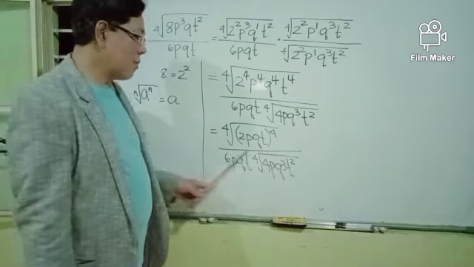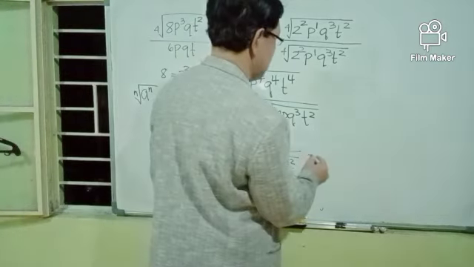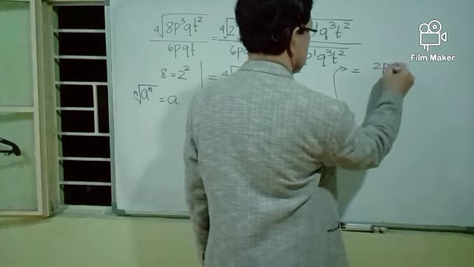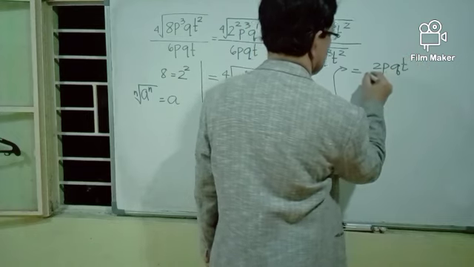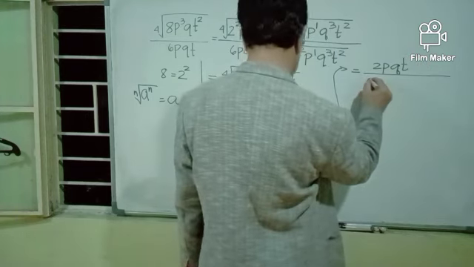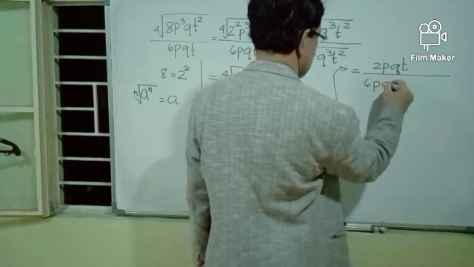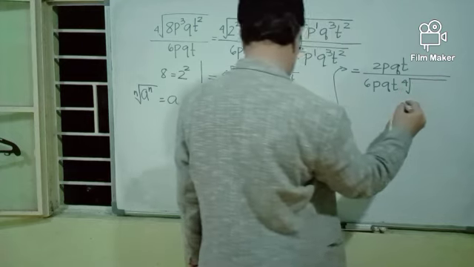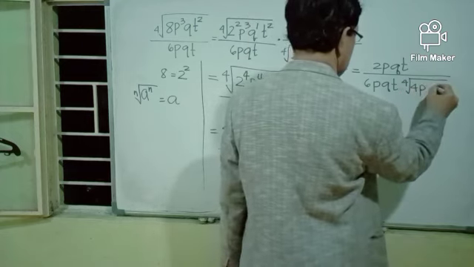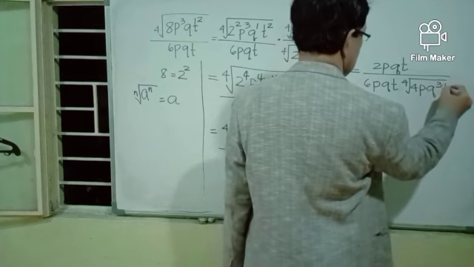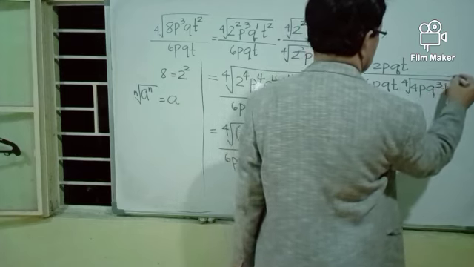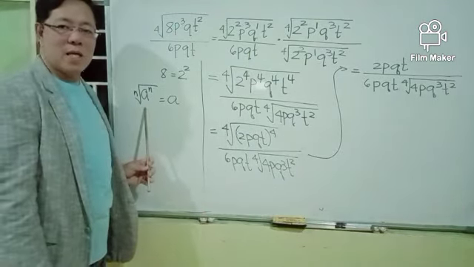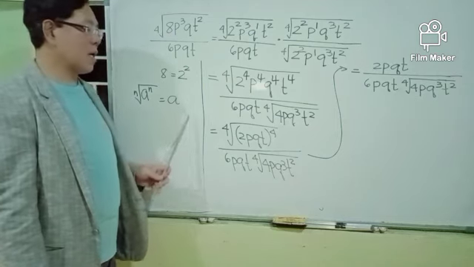Divide by the denominator. Again, by this property of radical, the nth root of a raised to n is equal to a.